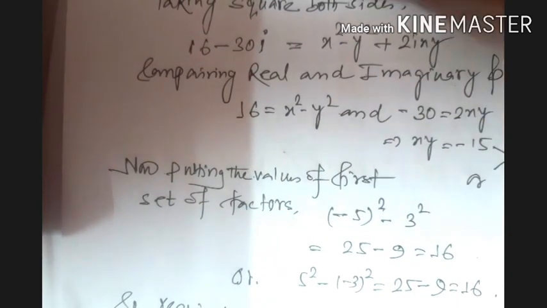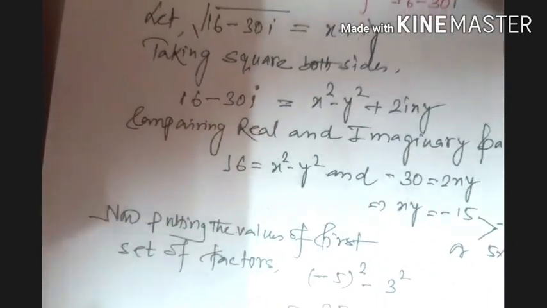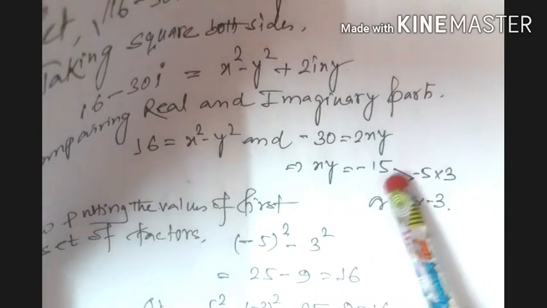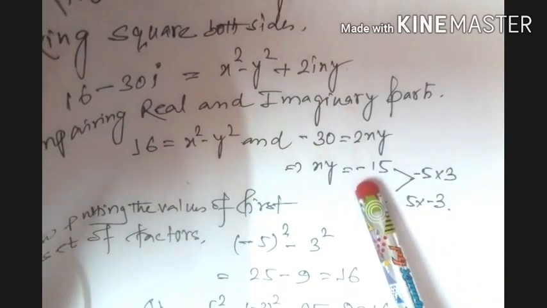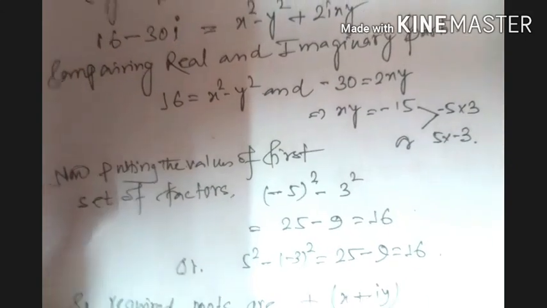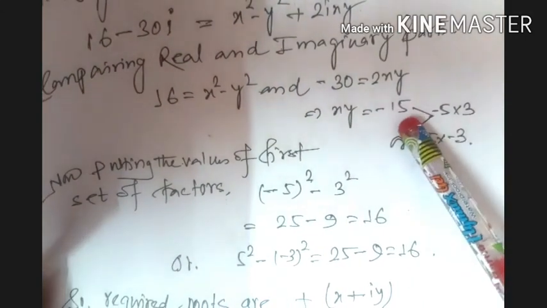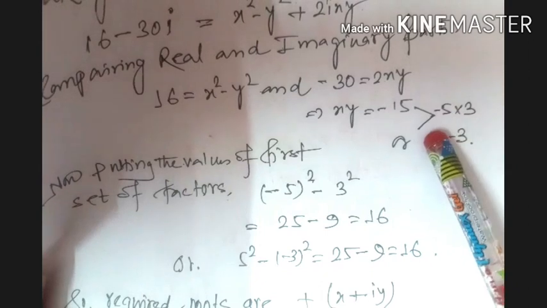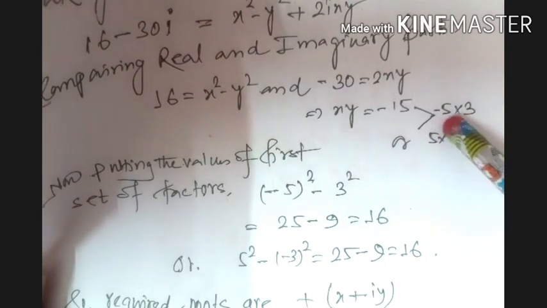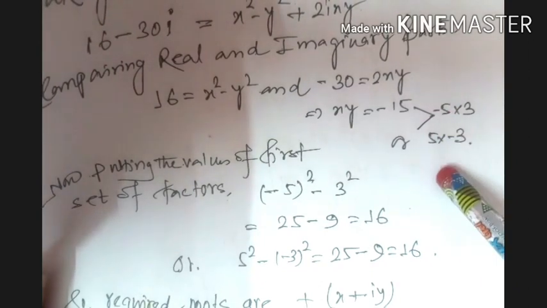After that you can see here, we have got xy equal to minus 15. So as xy equal to minus 15, according to the rule we have to find the factors of minus 15. So only two sets of factors, one is minus 5 into 3, another one is 5 into minus 3.